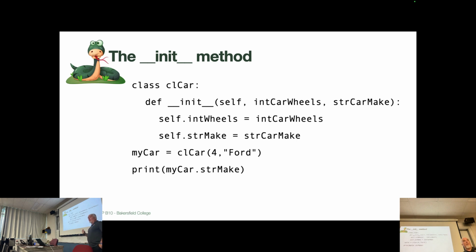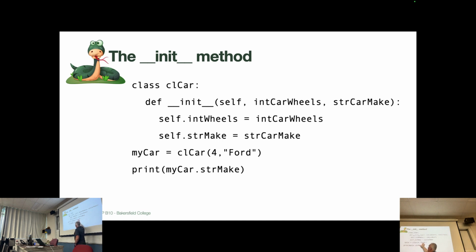And I have to do that when I create an instance of that object. You can see it no longer defines those with a static number. It doesn't say int wheels equals 4 up there anywhere. I have to give those arguments to those parameters when I create an instance of that class. So it requires it.